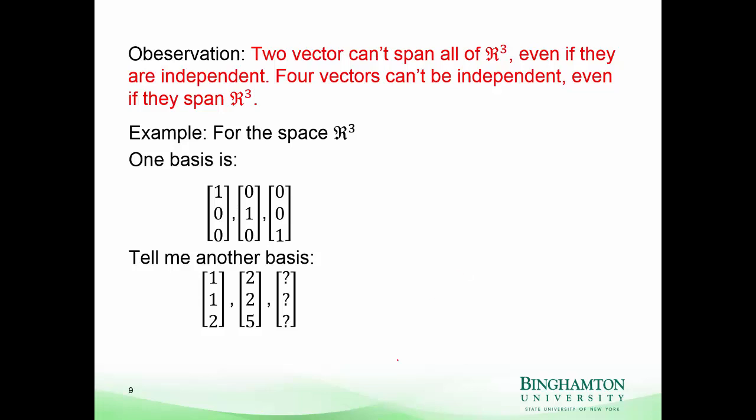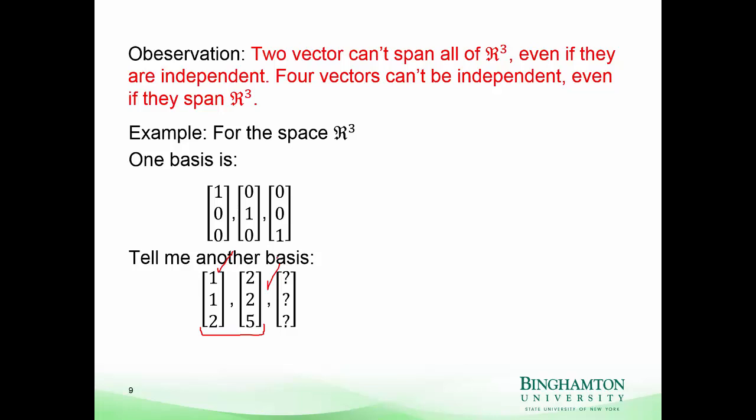So we see we've got 1, 1, 2 and 2, 2, 5. Those are linearly independent of each other. I can't make the second one from a multiple of the first one. What do I put in for the third vector to make a basis? First of all, I'm trying to cover R3, so I'm going to need three vectors to span it.